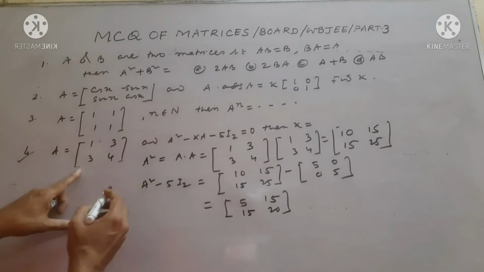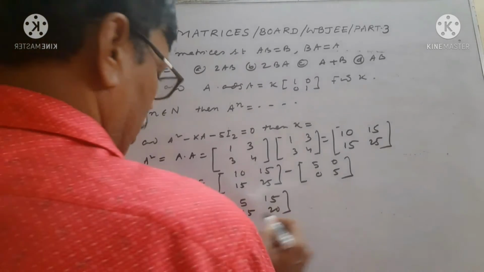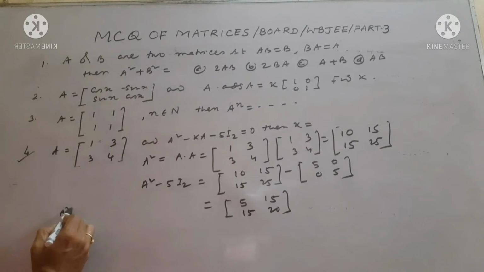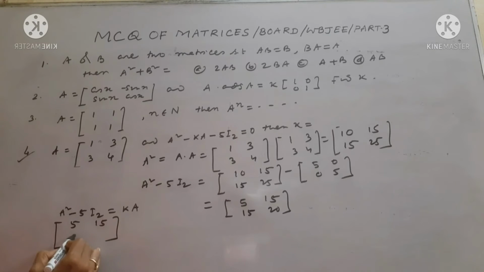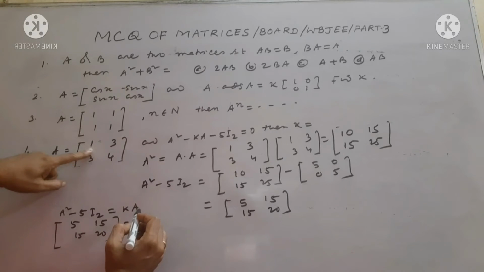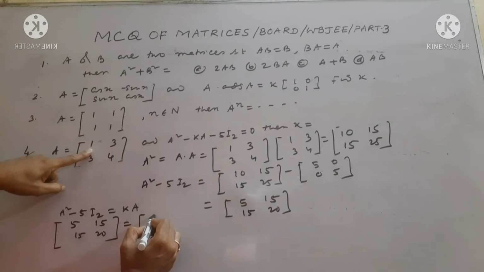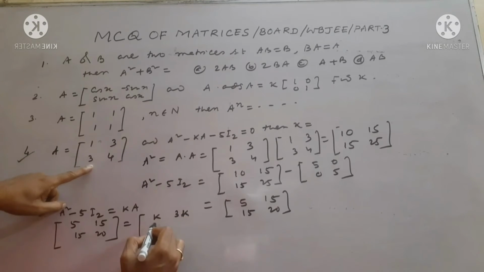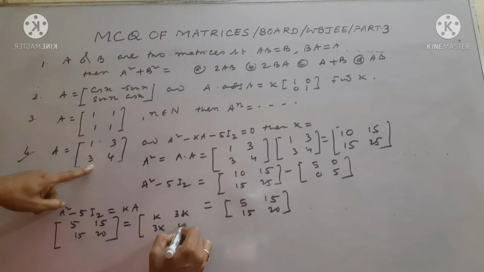So from the given condition we are getting A square minus 5I2 equals kA. What is A square minus 5I2? [5 15; 15 20]. So what is kA? K into A, so this is 3k, this is 4k.